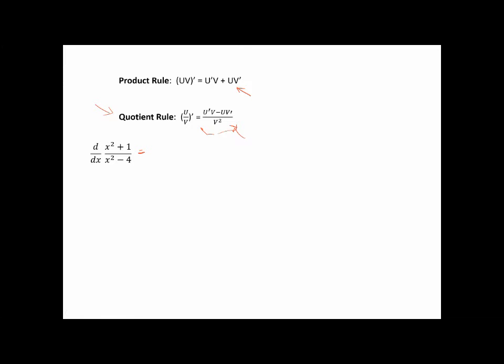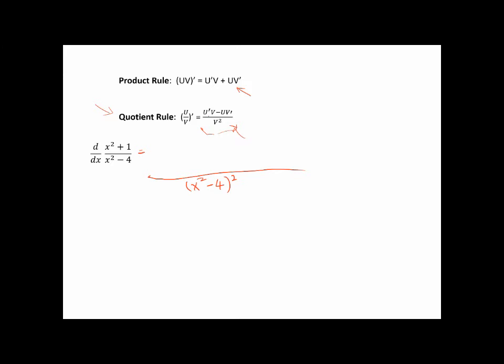Derivative of (x squared plus 1) over (x squared minus 4). I start from the denominator, v squared, which is (x squared minus 4) squared.